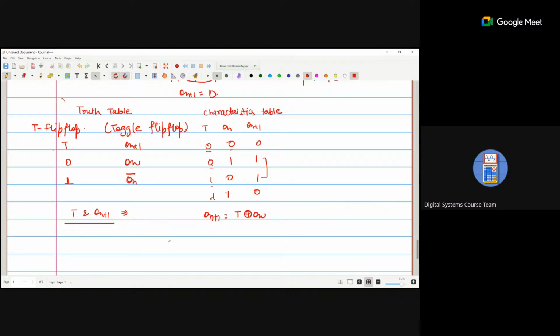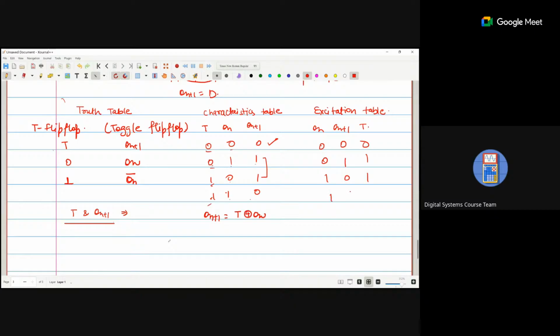Now we require the excitation table. So Qn, Qn plus 1: 0, 0, it is 0. 0, 1, it is 1. 1, 0, it is 1.